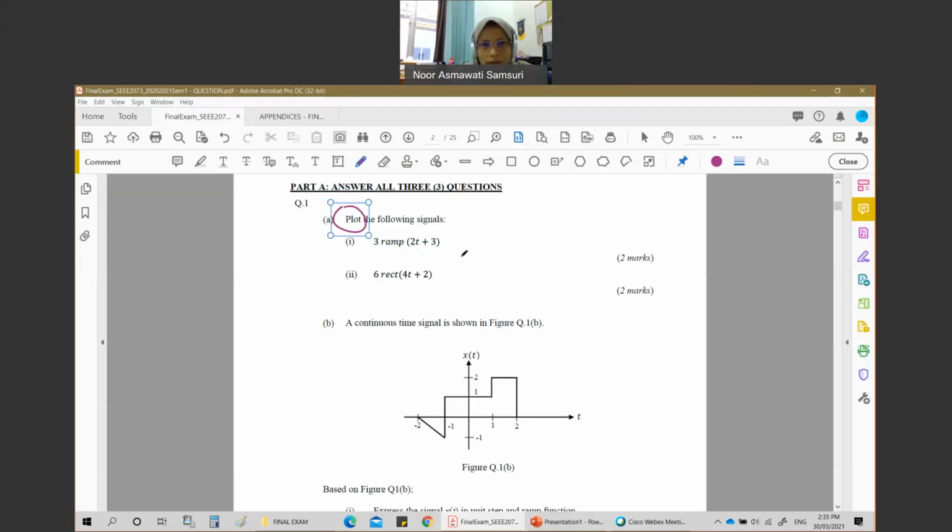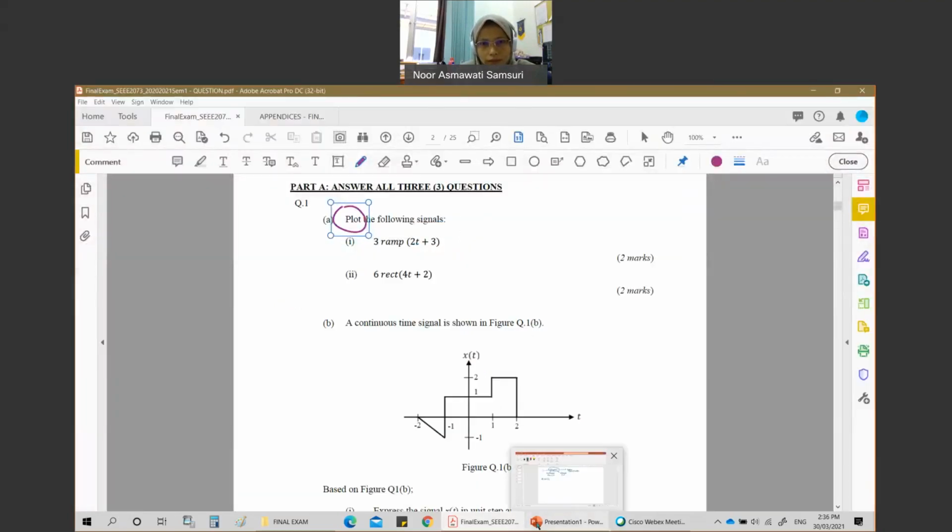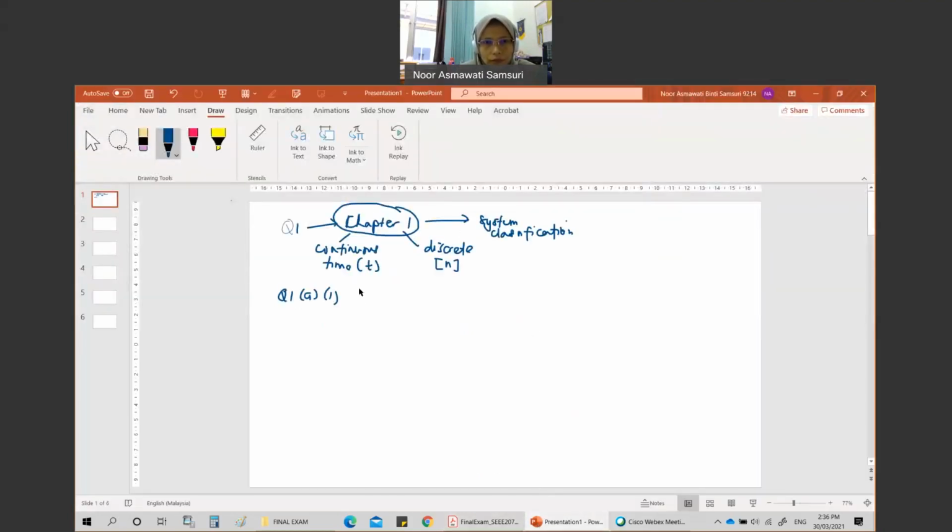All right, so what is 3 ramp of 2t plus 3? Don't forget to write down the question number, the sub-question number, and the first part. So it's 3 ramp of 2t plus 3. How to deal with this?